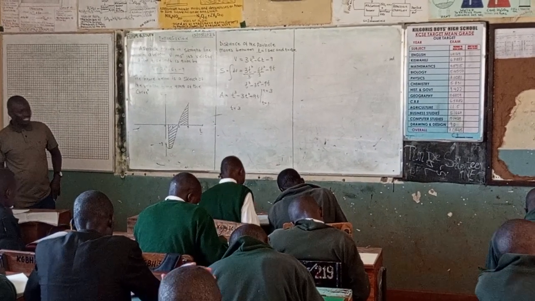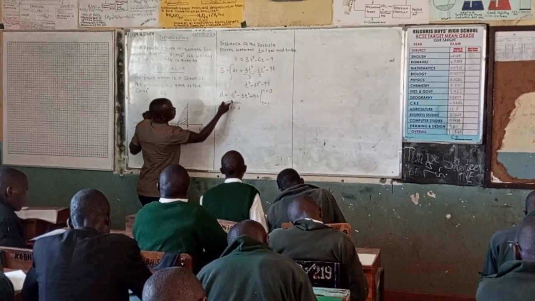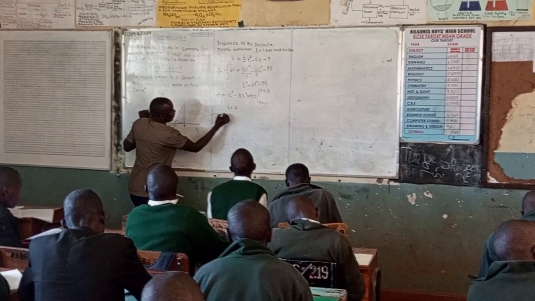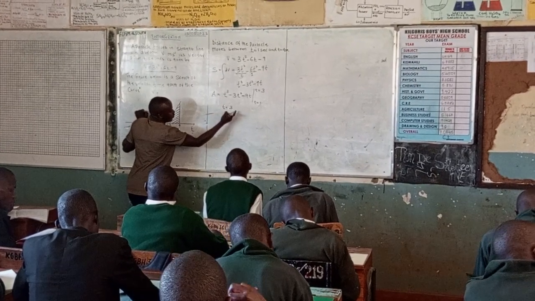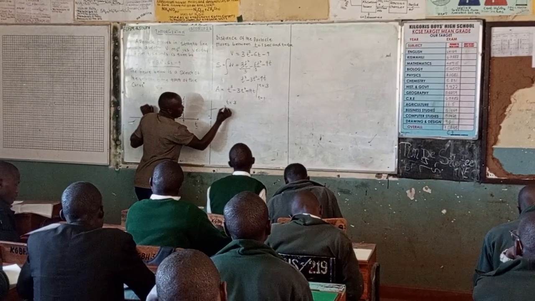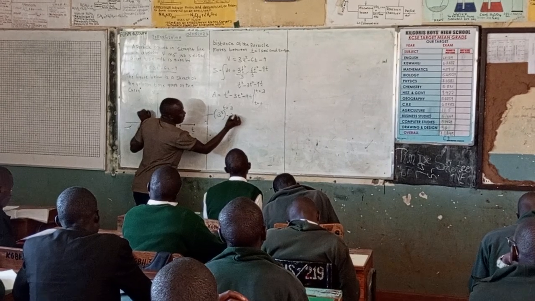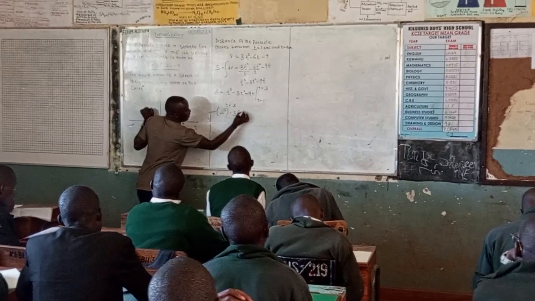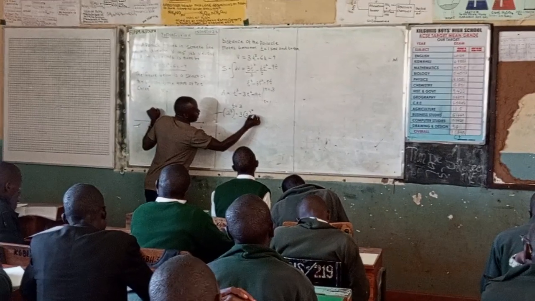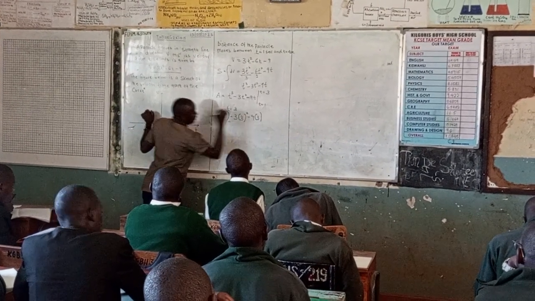So let us see. We have 3 raised to 3, minus 3 times 3 squared, minus 9 times 3.